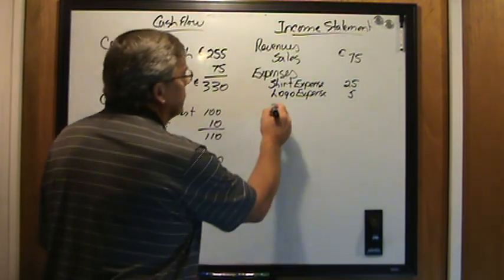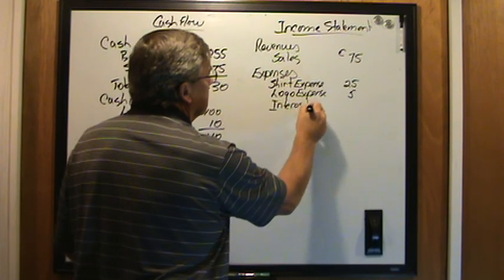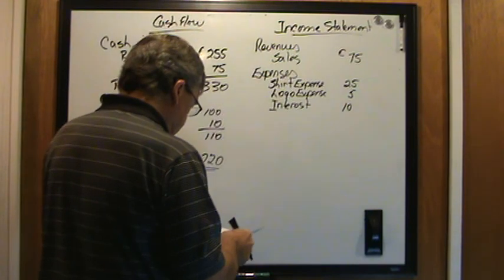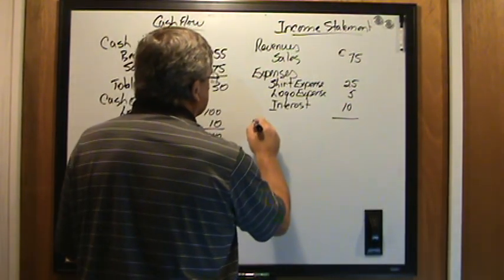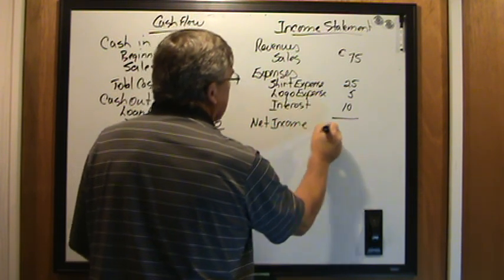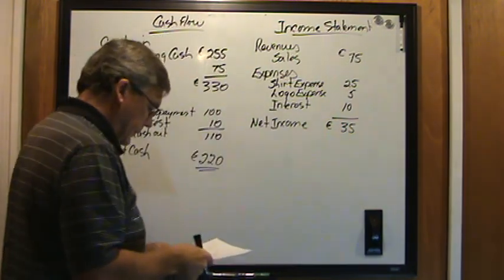The other expense is interest. That gives us then a net income of 35 euros for day 3.